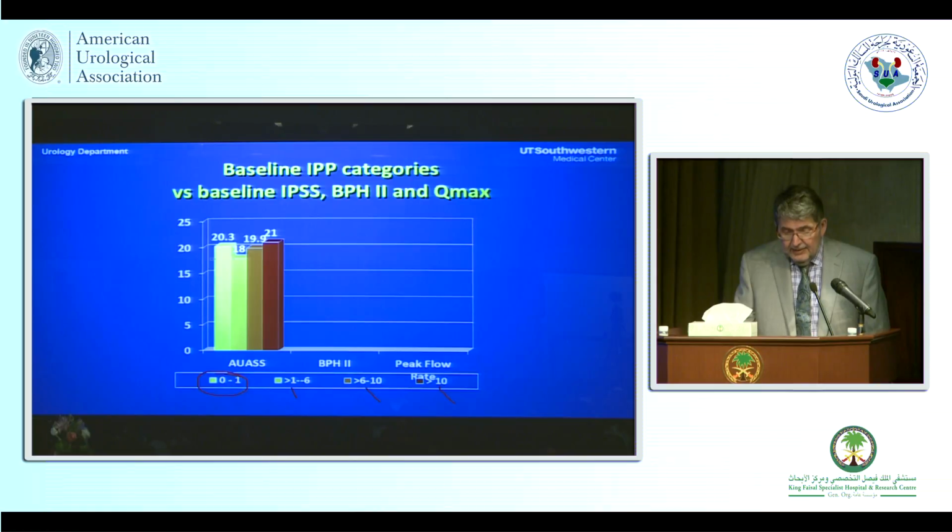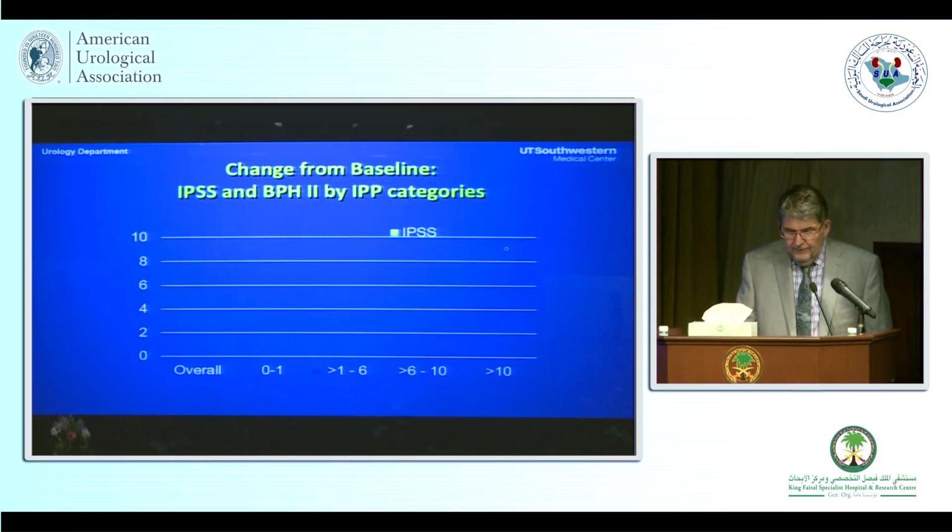So at baseline, the symptom score, impact index, and flow rate were the same in all groups. But when those patients were treated, there was an overall improvement in symptom score and in BPH impact index of 7.5 points and 2.7 points with the BPH impact index.